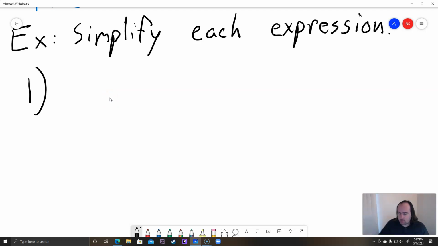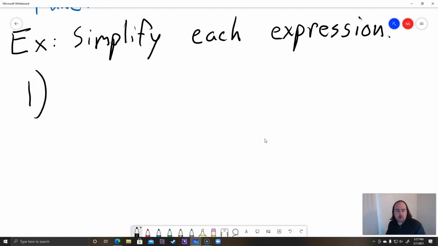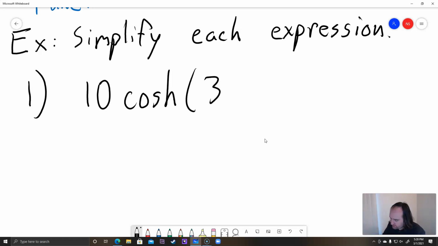Okay, so for problem number 1, we're going to simplify 10 times cosh of 3 ln of x. So now there's a lot of ways of simplifying this, but since it's just in terms of cosh, what we want to use here is we want to rewrite cosh in terms of e to the x and e to the negative x.